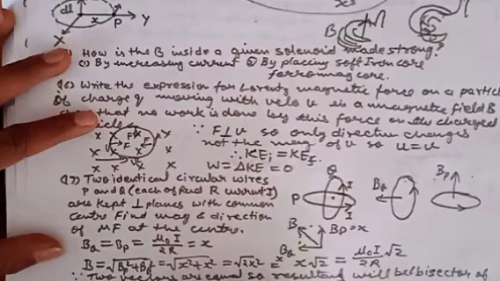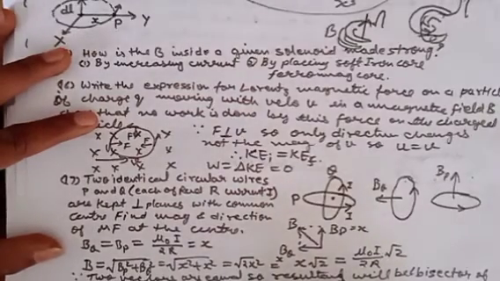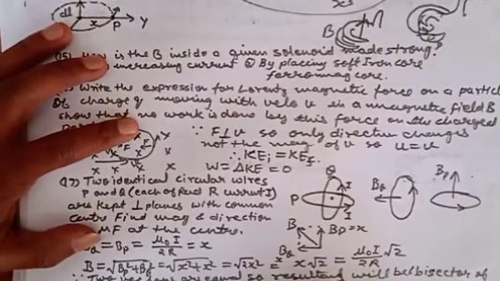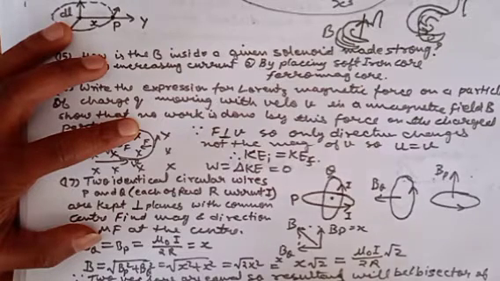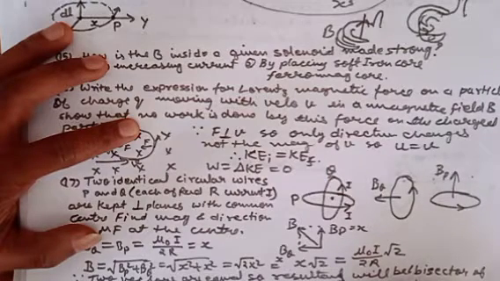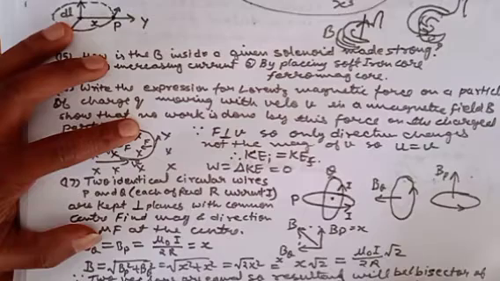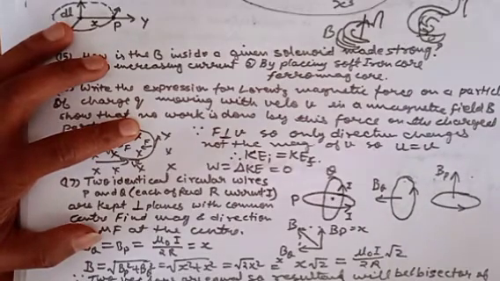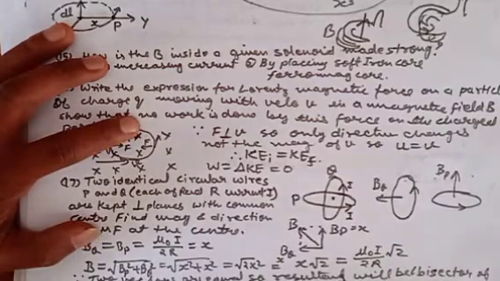That is at 45 degree from the direction of magnetic BP or BQ. Or we can say resultant is along the angle bisector.